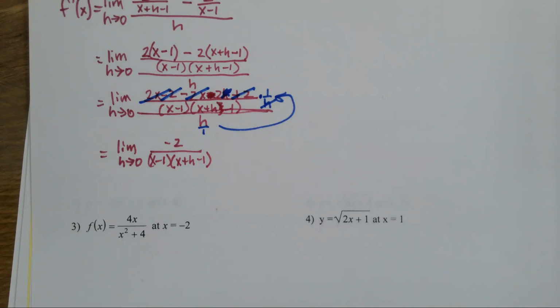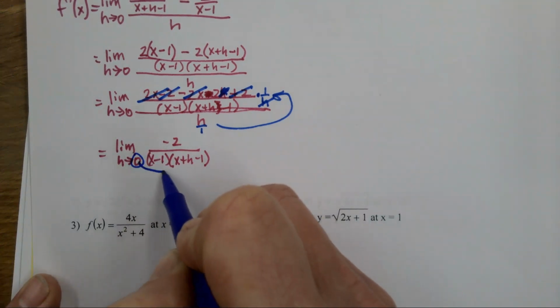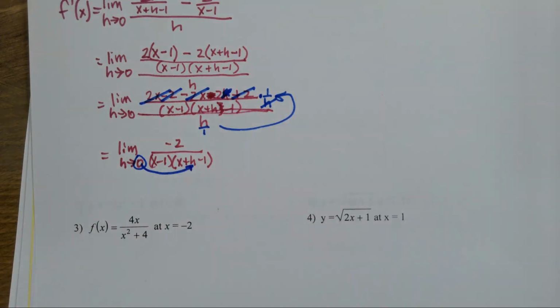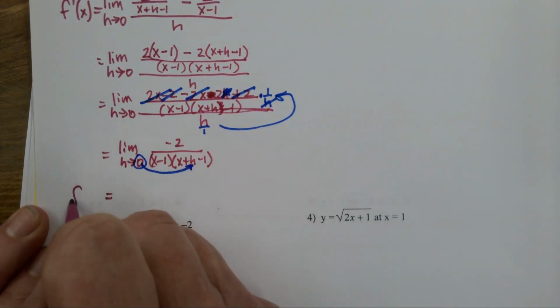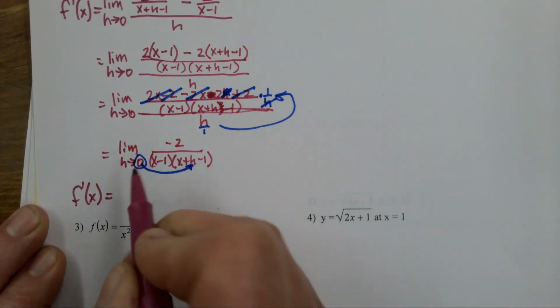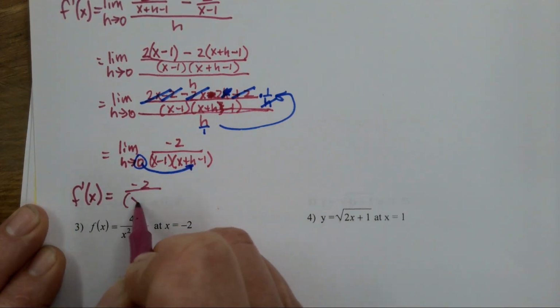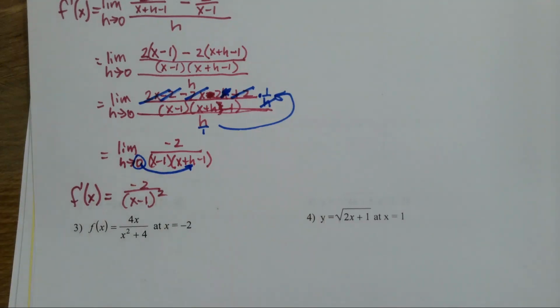So the h gets crossed off. And now I'll go ahead and take that limit, plug in 0 for h. And when I do that, I lose the limit, and my first derivative is negative 2 over x minus 1 quantity squared, because the h is gone. I end up with x minus 1 times x minus 1.